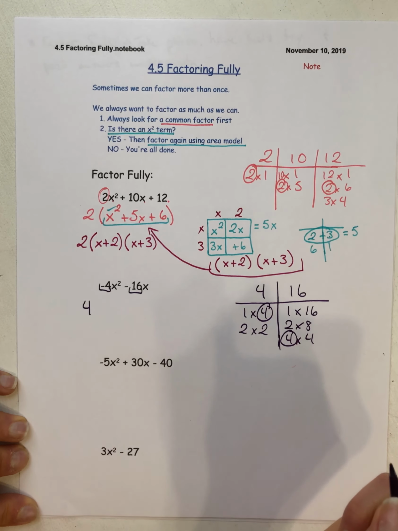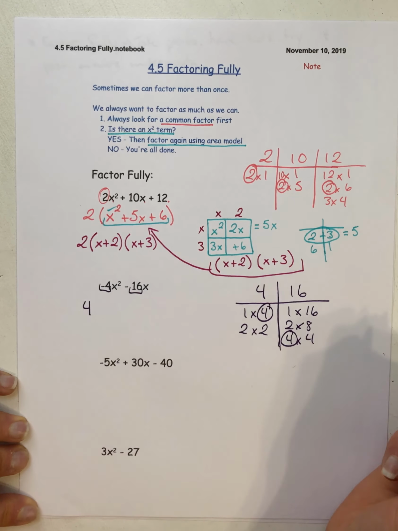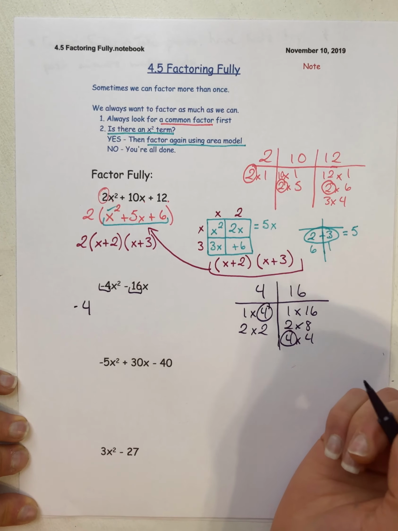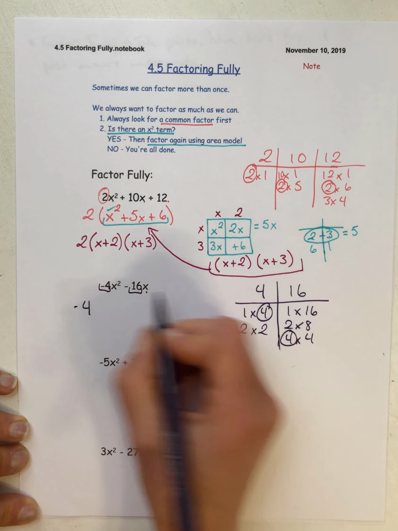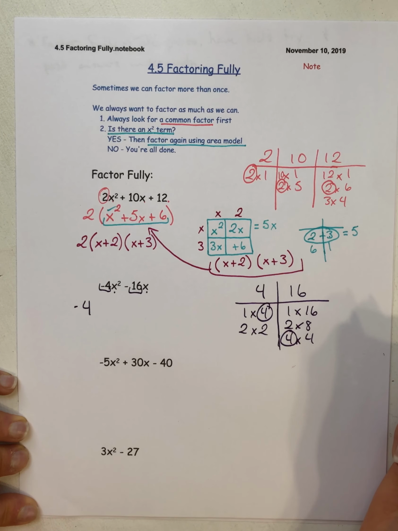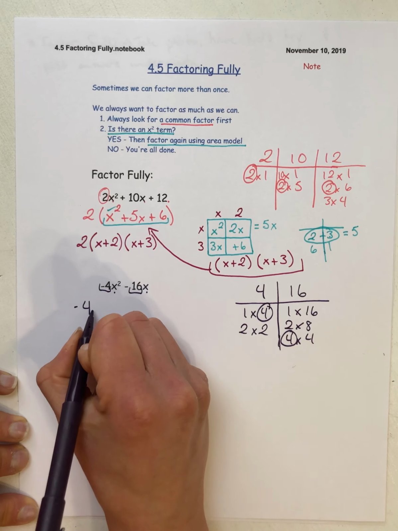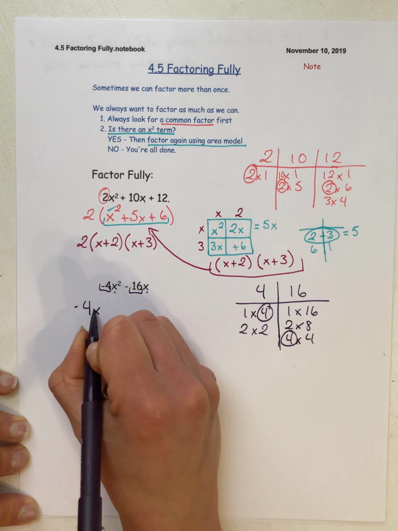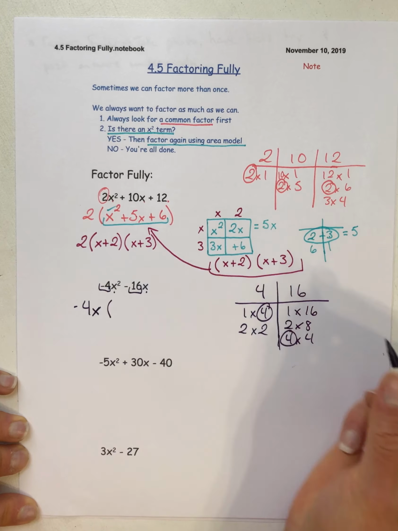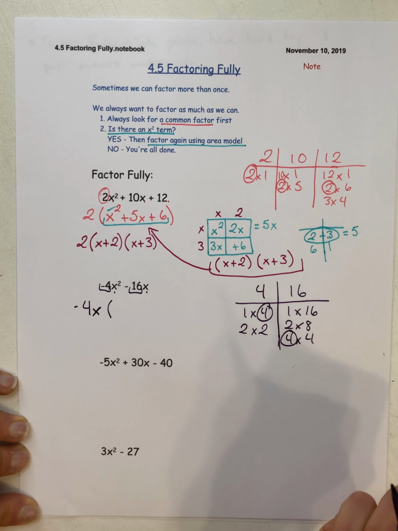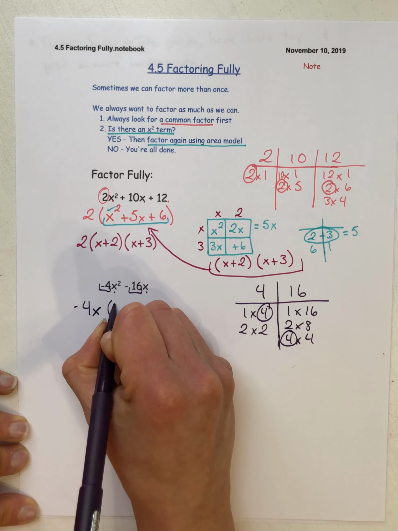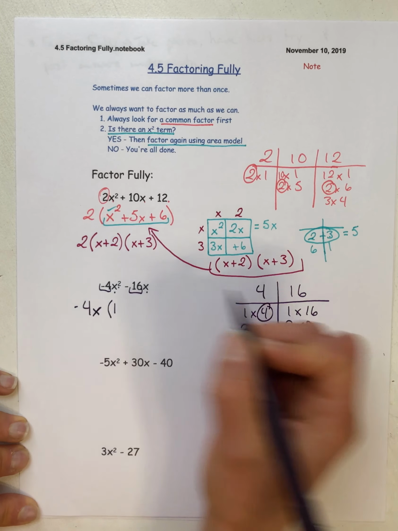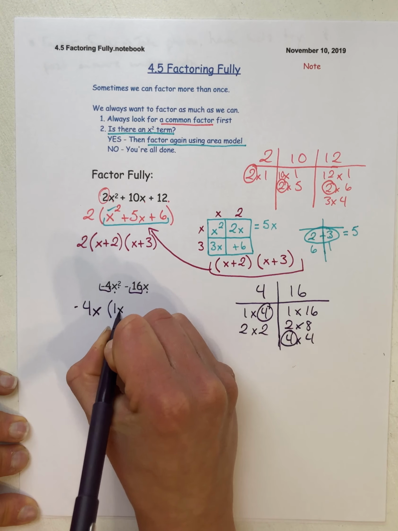But one thing we can do too is pull out the negative because they're both negative. So we can pull out the negative here, and we can pull out an x as well. So negative 4 divided by negative 4 gives me 1, and we pulled out 1x, so we can put an x there.